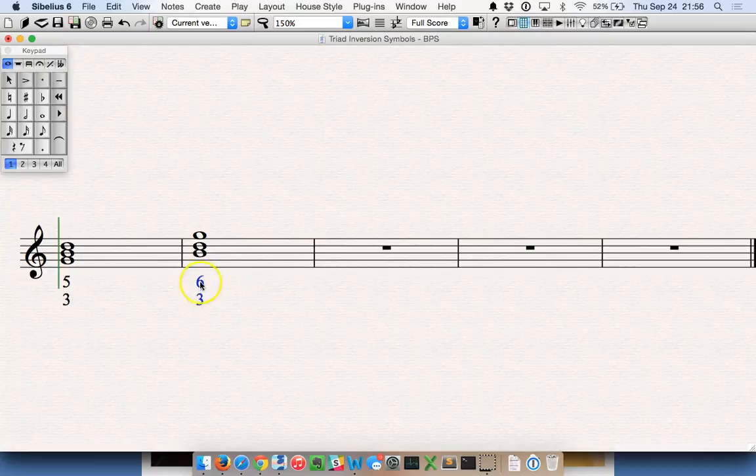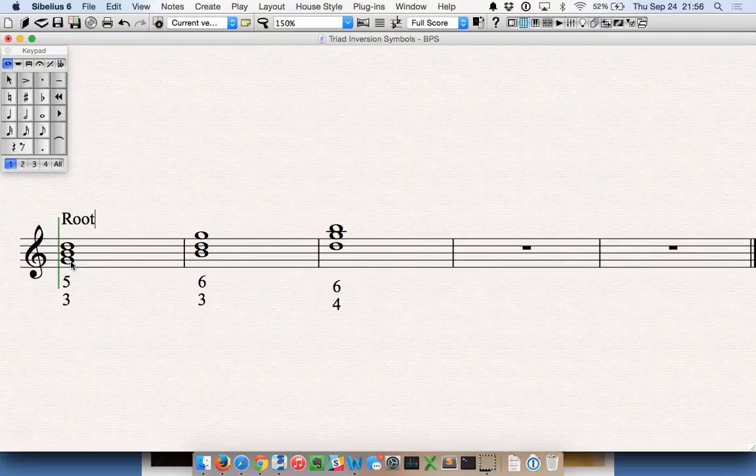Just for shorthand, we often will just see the 6. And then finally, second inversion: D to G is a 4, and D to B is a 6. So we get 6-4. And that's it. That's where we derive these numbers, only from close position chords.